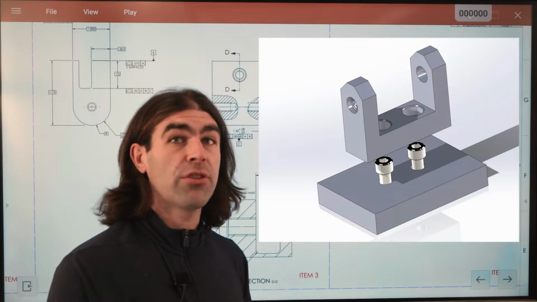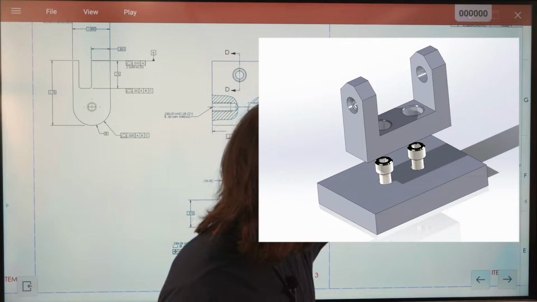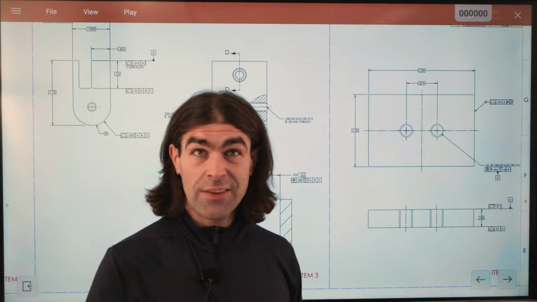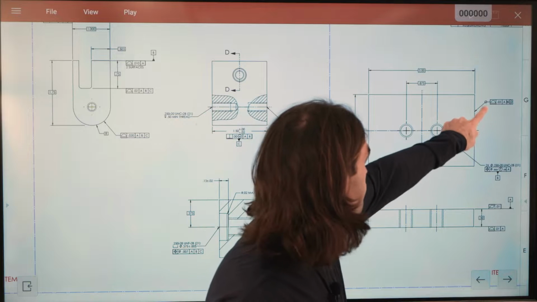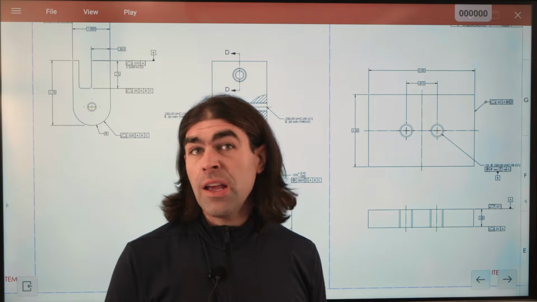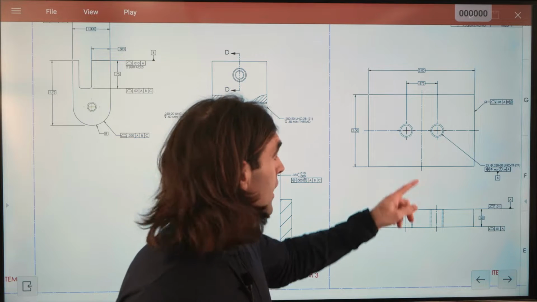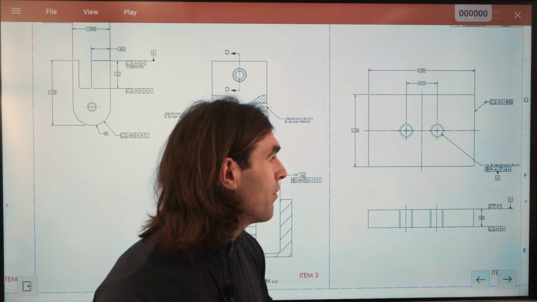It's a pattern feature that becomes a datum. All of the dimensions for the outside of the part come from those two holes. The reason I've done this is because the holes are the functional portion of the part. Everything out here can mate to air, so we don't necessarily need that to be a datum feature. The datum features are these two holes, this plane right here, and everything else comes off of it.